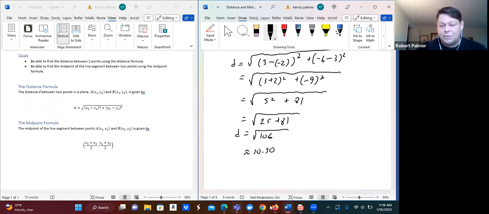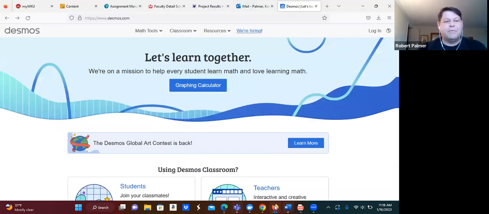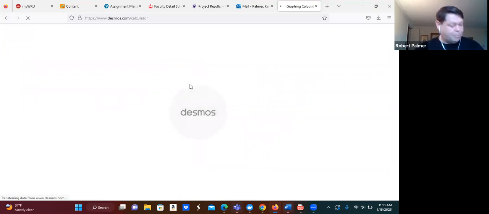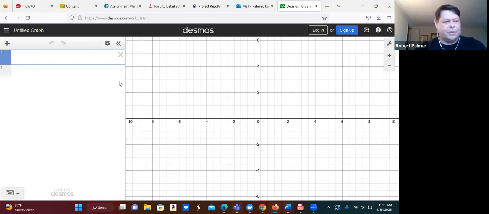So actually, let's go to Desmos. Desmos is a graphing website. Just go to desmos.com, graphing calculator. In this case, you don't actually have a line to plot, but that's okay. We can just plot points in Desmos, so I'll show you how to do that. If I plug in my points, -2, 3, it asks me to label it, so let's go ahead and label it.